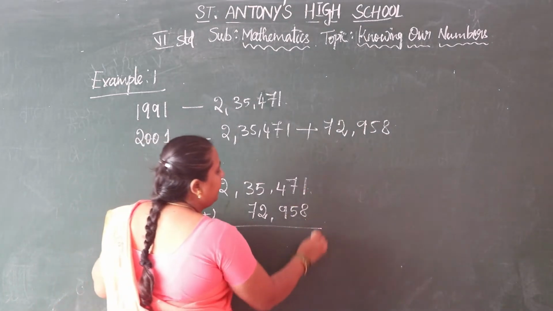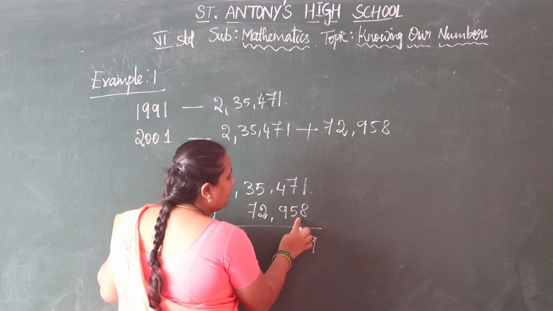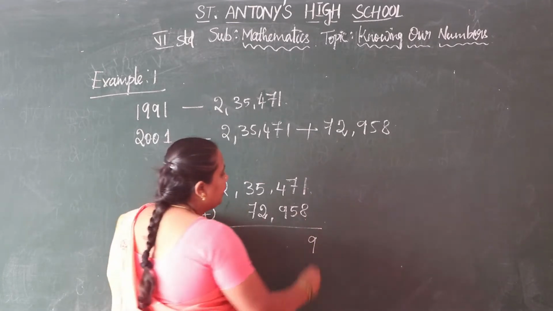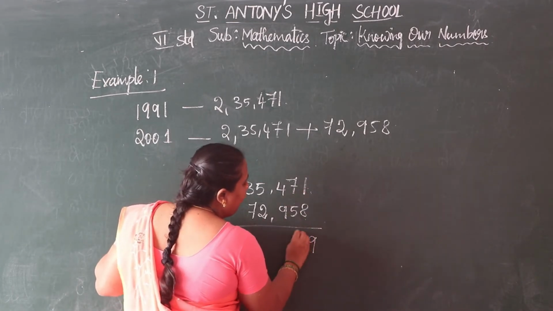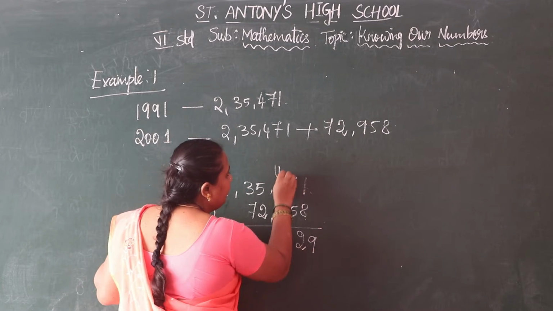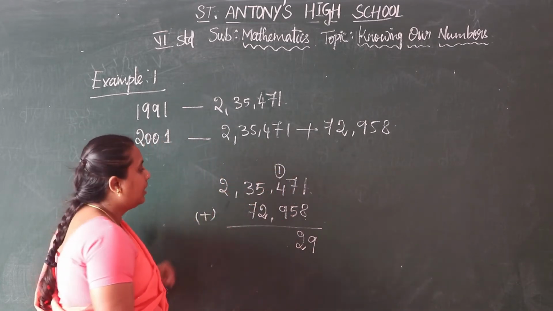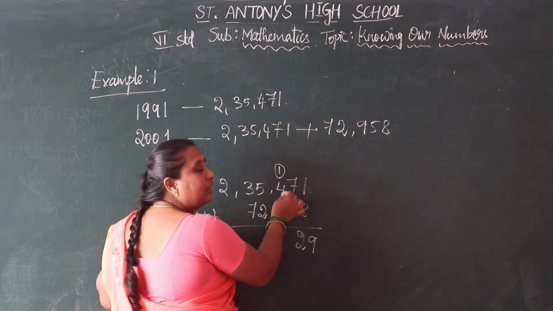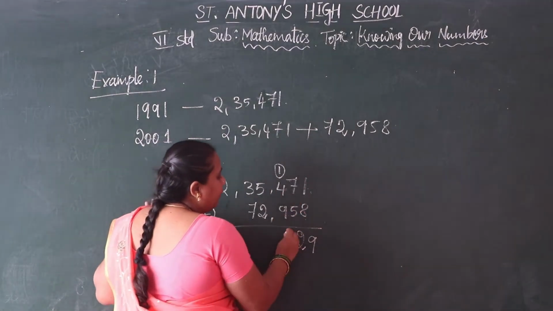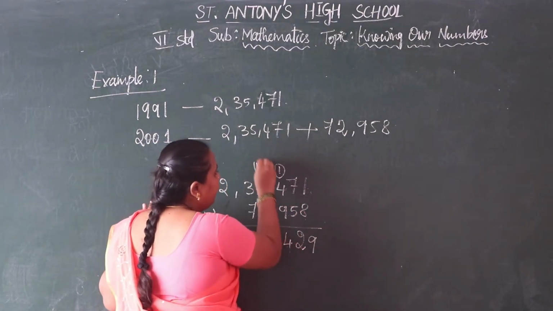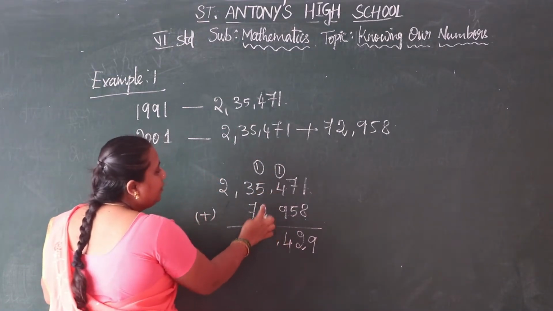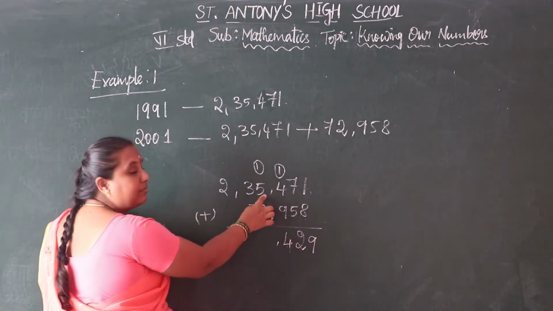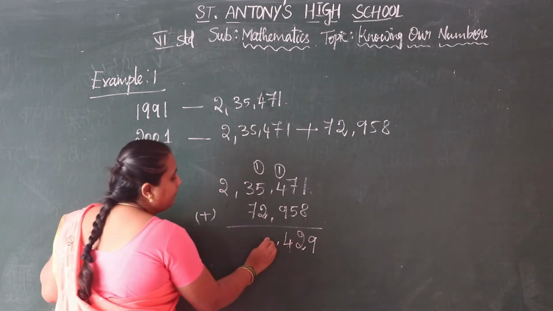8 plus 1, 9. 7 plus 5, 12, balance 1, that is carrying 1. 9 plus 4, 13, 13 plus 1, 14, so carrying 1 here. 2 plus 5, 7, 7 plus 1, 8.